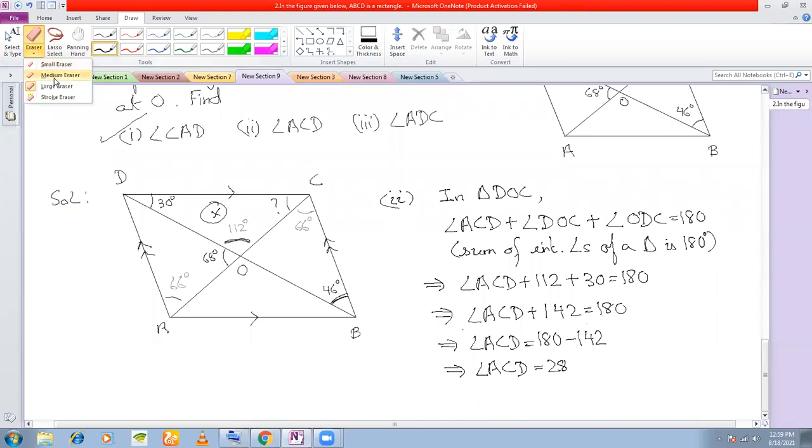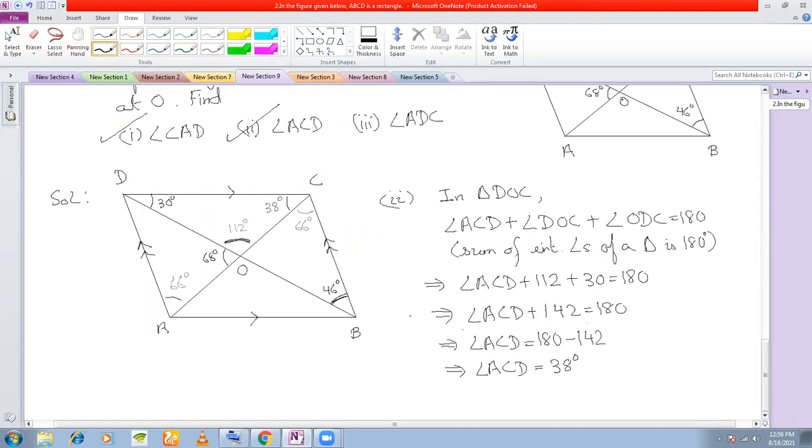So 38. So we have found this angle. Let's write it in the figure so that we can use it later. This angle is 38 degrees. So therefore this part of the question is also done.